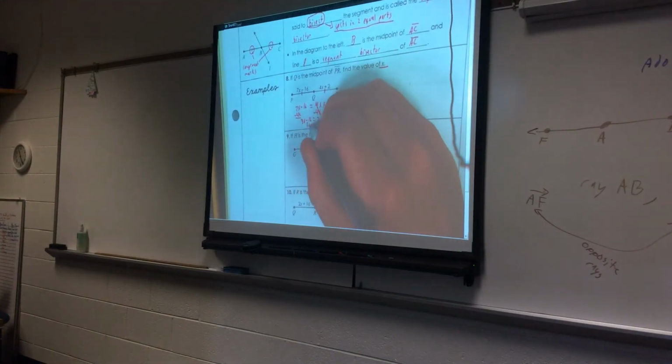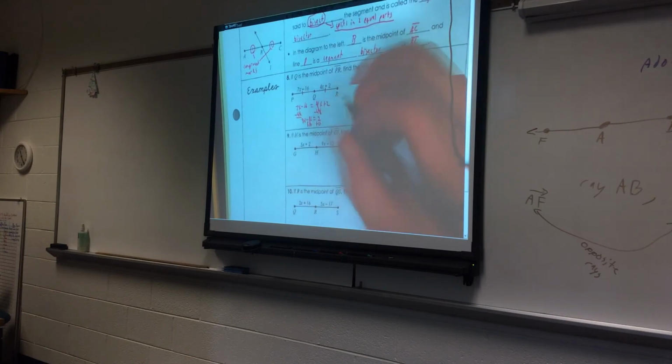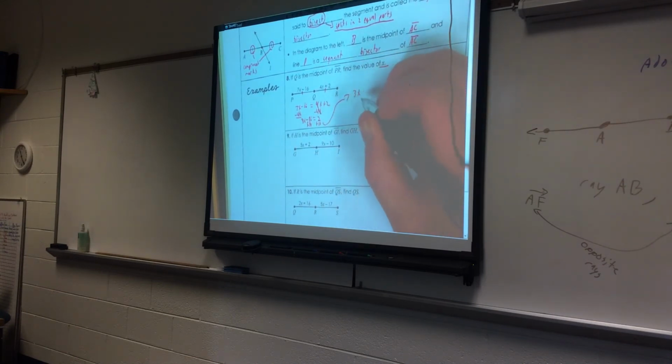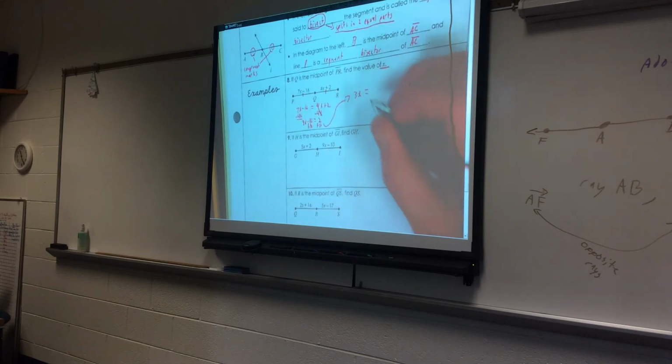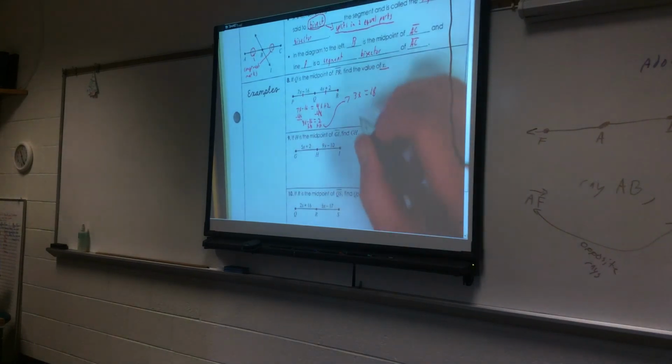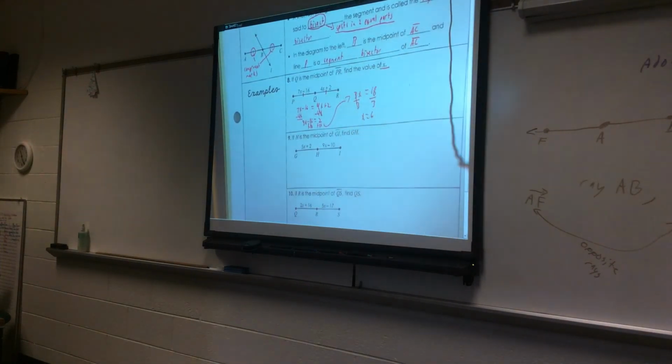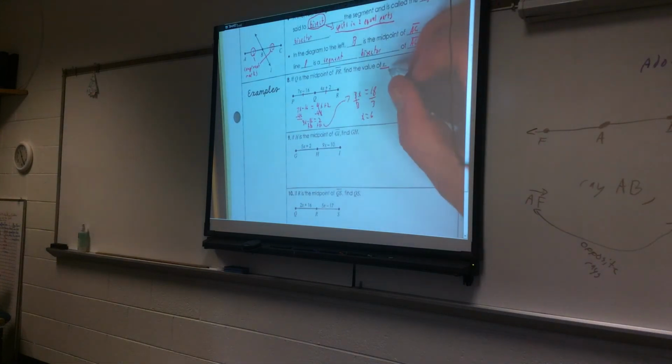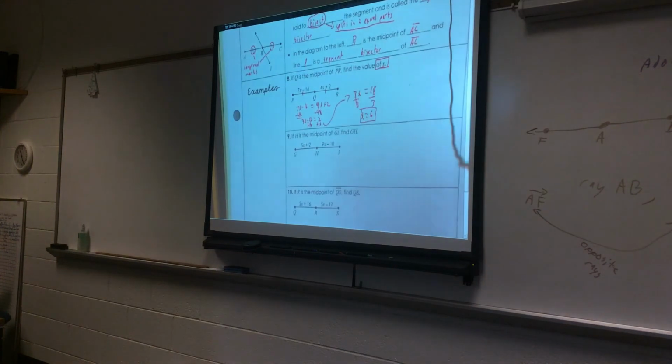And so then I add 16 to both sides. I'm going to move this up to here. I still have the 3x. The 16 goes away. 2 plus 16 is 18. Divide by 3. And x is 6. Since this question only asks for the value of x, I can stop there.